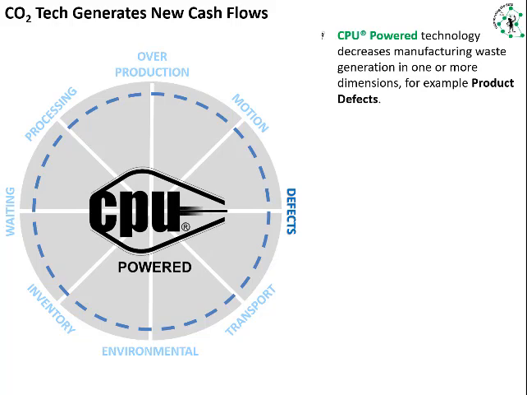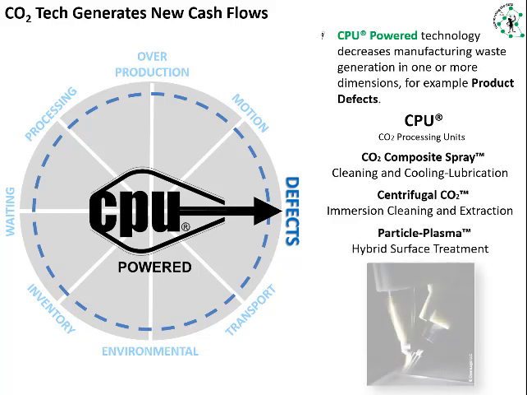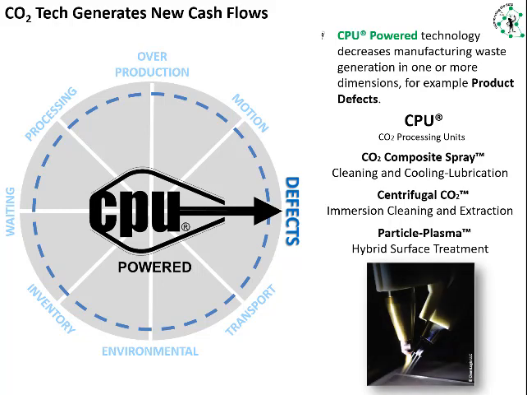CPU-powered technology decreases manufacturing waste generation in one or more dimensions. For example, product defects. CPU are used in this process, or CO2 processing units. CO2 processing units comprise CO2 composite spray systems for cleaning and cooling, lubrication, centrifugal CO2 systems for immersion cleaning and extraction, and particle plasma systems for hybrid surface treatments.